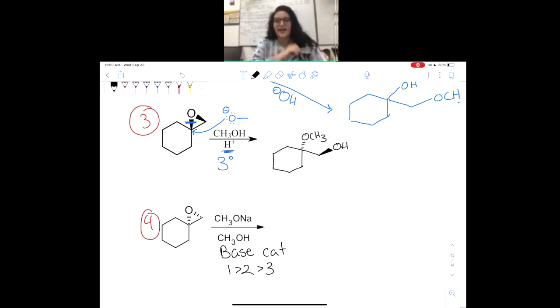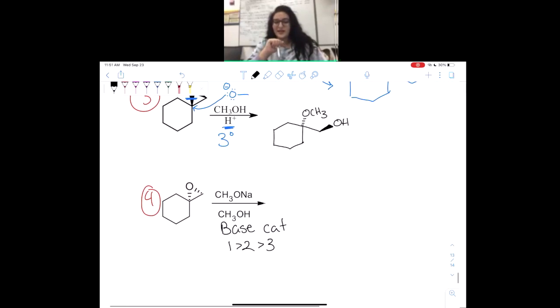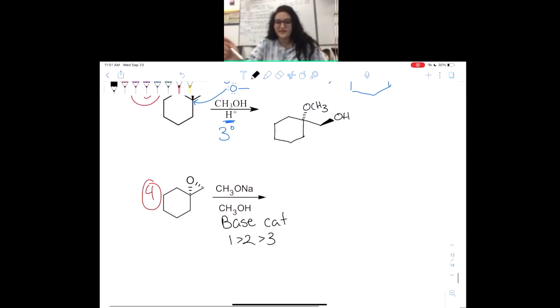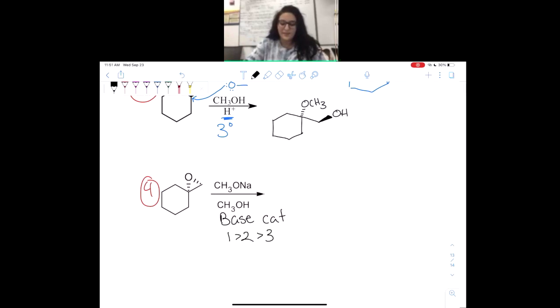Between this, we're actually going to now pick the opposite side of what we've been attacking before. So the oxygen will attack primary. Now we're going to break this primary bond and open towards tertiary. And what I said about stereochemistry is still valid.